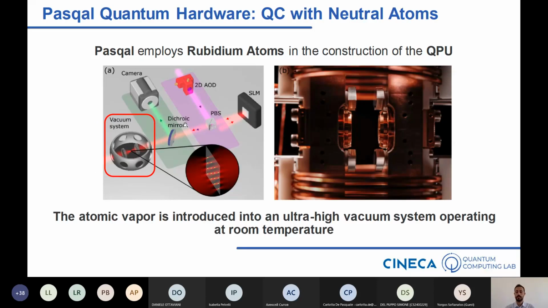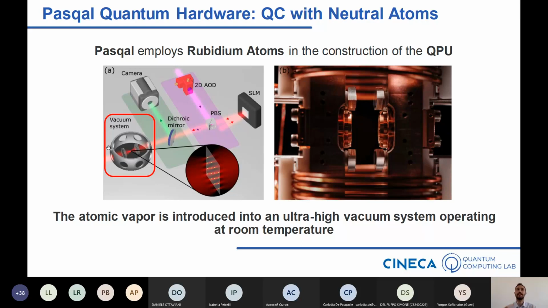So let's go on and start to understand the experimental setup, what's the structure of this quantum computer. They have a vacuum chamber, where you release the atomic vapor, so the atoms are the rubidium atoms.